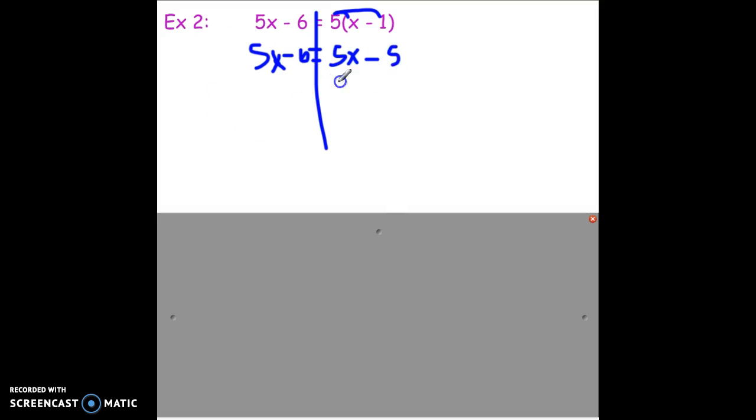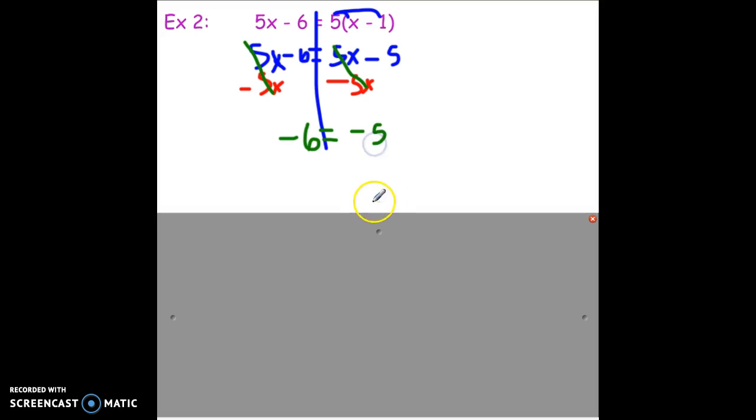Collect your variables on each side, so I'm going to subtract 5x from each side to get rid of that positive 5x. 5x minus 5x is 0, so I'm left with a negative 6 on the left. 5x minus 5x is 0, so I'm left with a negative 5 on the right.